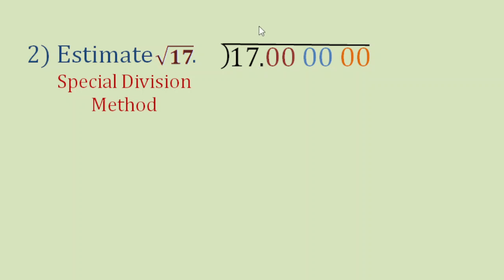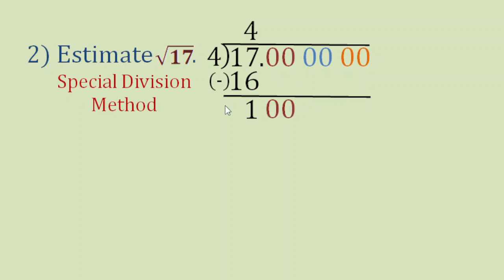Square root of 16 is 4 and square root of 25 is 5. So 4 is the correct number to write on our quotient. And because our quotient is 4, our divisor is also 4. So 4 times 4, 16. 17 minus 16, 1.